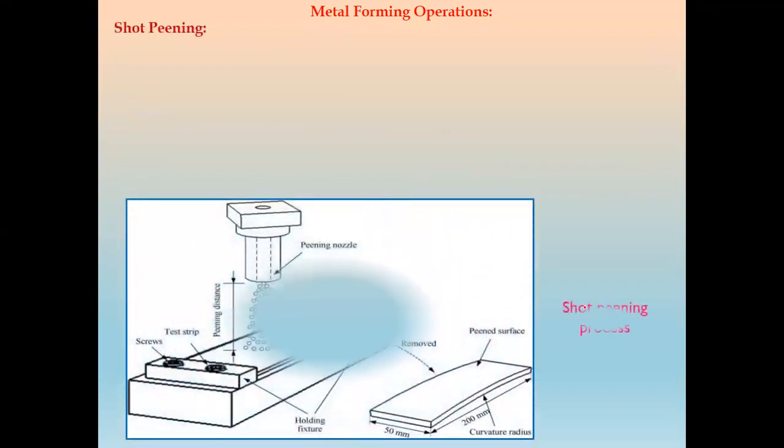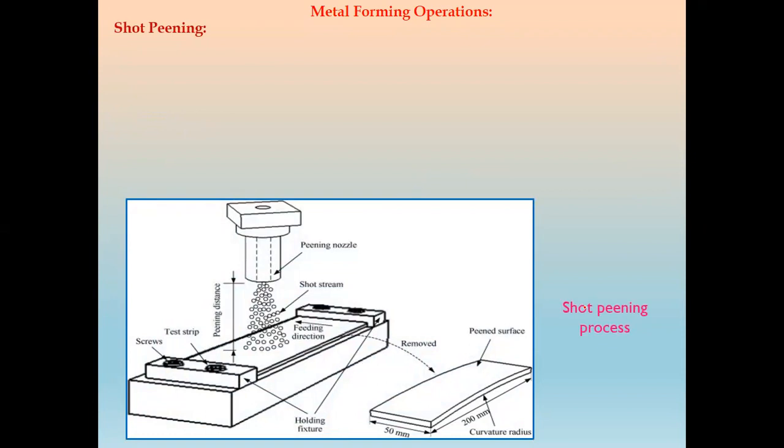Next operation is called the shot peening process. This is the last process, called shot peening. It is a process of increasing the hardness and the fatigue strength of the part. So we increase the hardness, or we can say the strength, of the part.